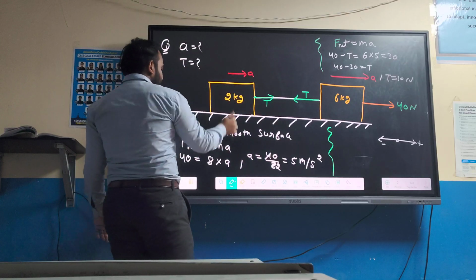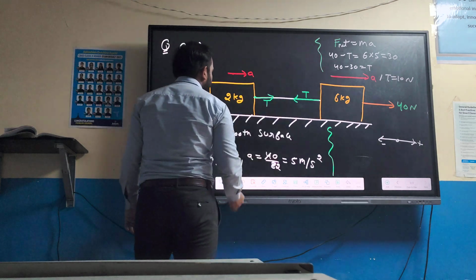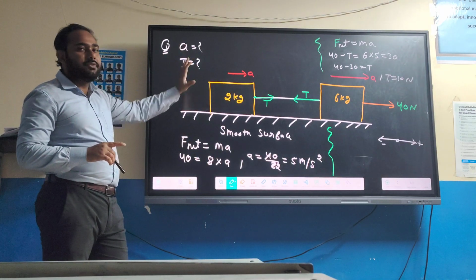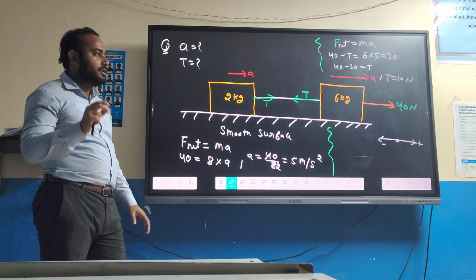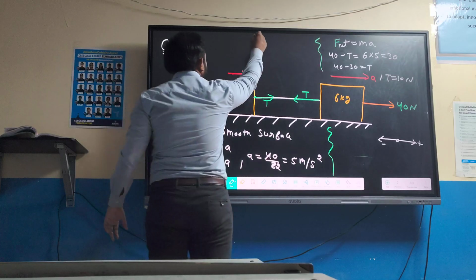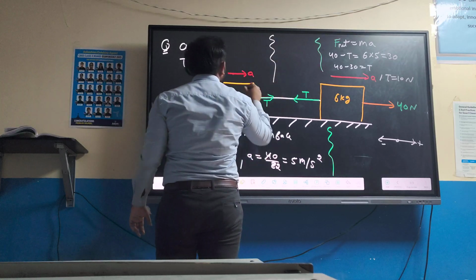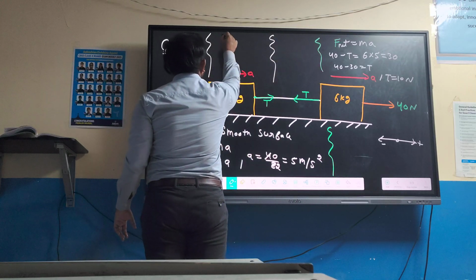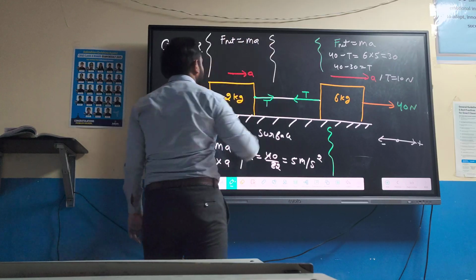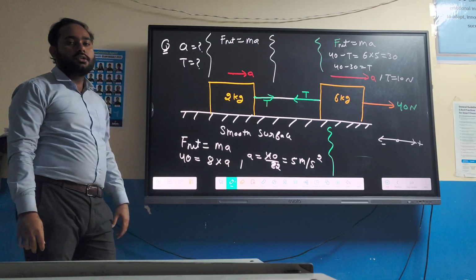So our first step is to draw the free body diagram, and the second step is to apply Newton's second law. Again, if I apply here Newton's second law equation, net force is equal to mass into acceleration. So what's the net force acting on the 2 kg block?